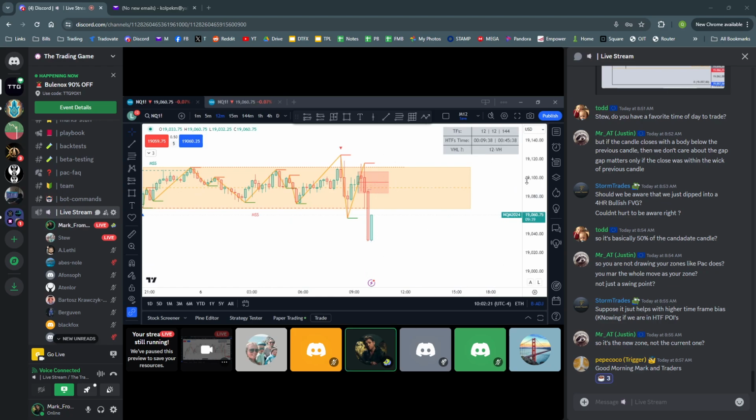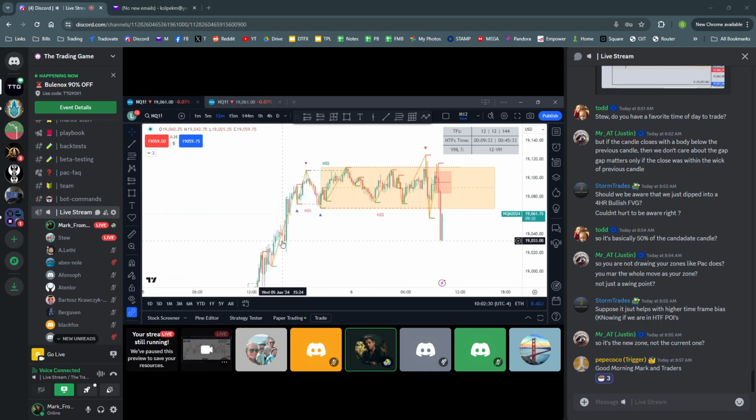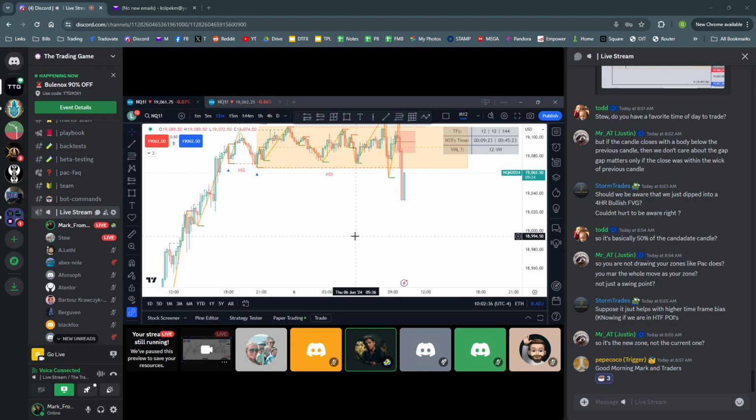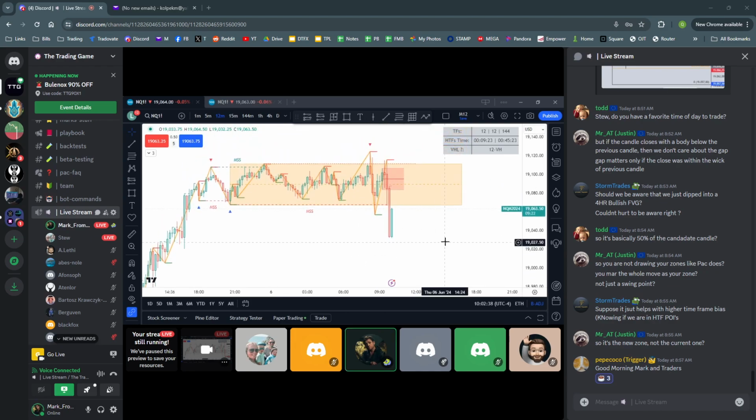And for those that are following the Omaha zones, this one delivered perfectly right here. And this is why it's an Omaha zone, is the huge displacement out of the 1 minute zone right here. Makes this a really high probability zone for me to attack just the 50%. And it came down, did 50%, and then shot right out.